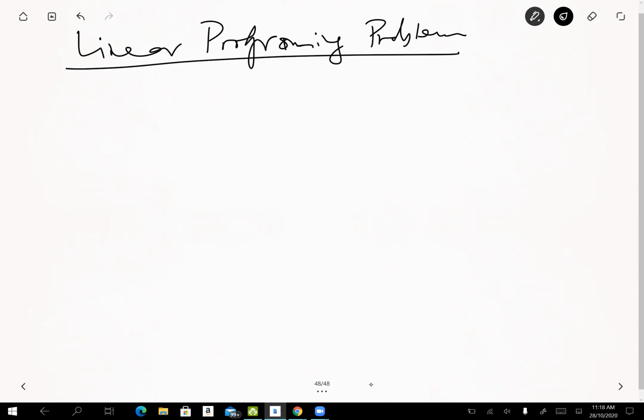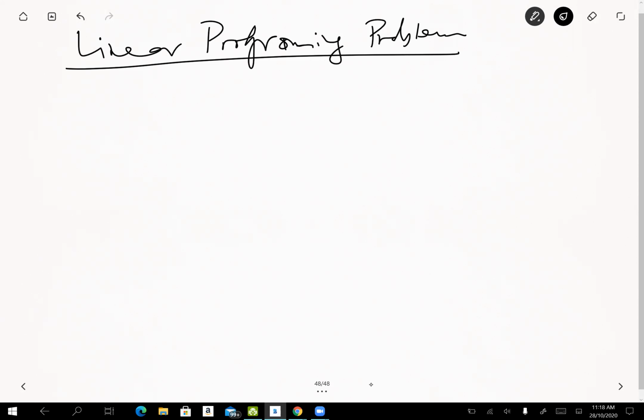You have an objective function. You have an objective, and then you have some constraints. And you want to maximize or minimize that objective subject to the constraints. So that is a linear programming problem.